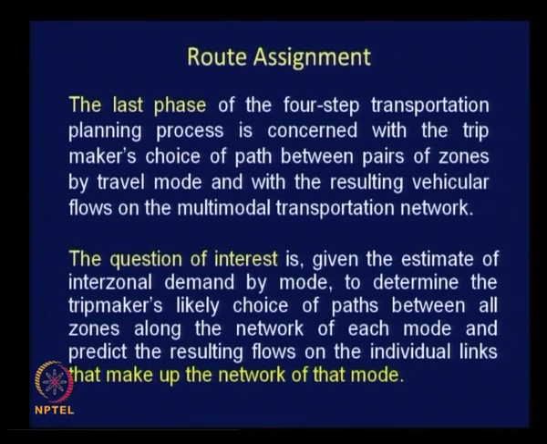Normally you may perceive that a road network is common for all modes of transportation, but still there may be paths which are specified for a particular mode of transportation. You take for example bus transit system. Bus service is not going to make use of all the routes or links in the road network.